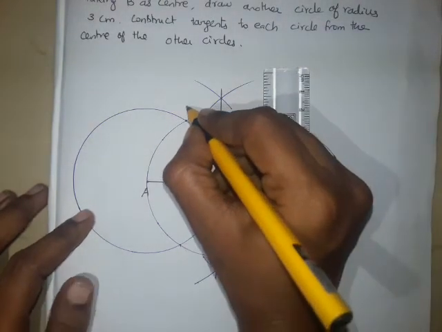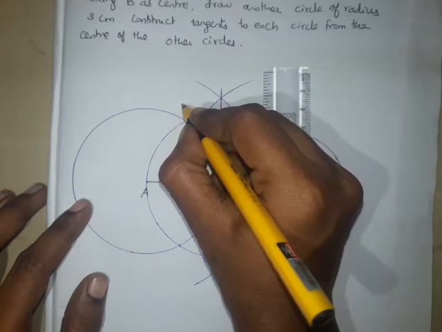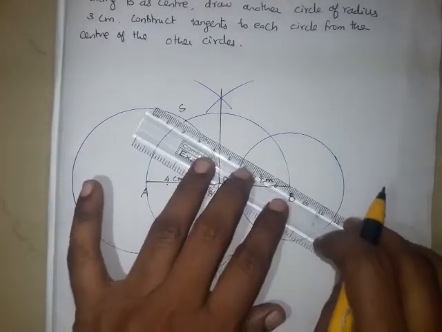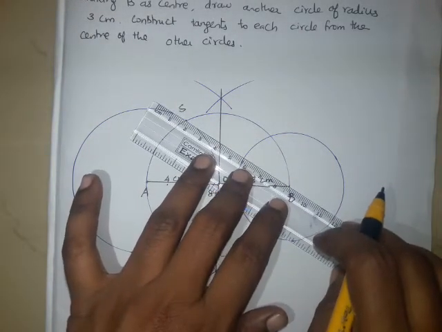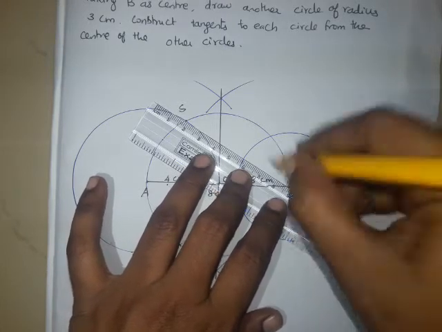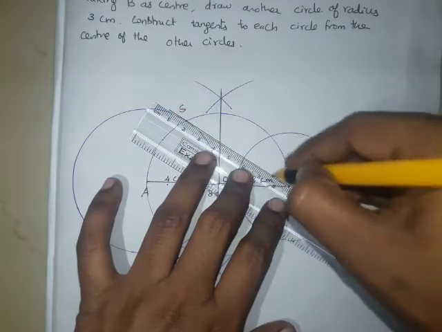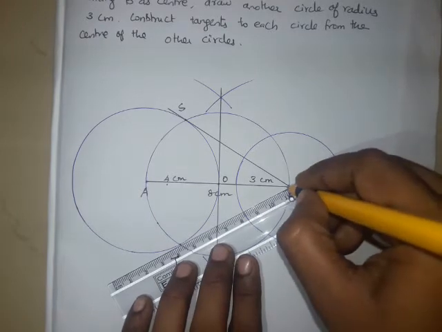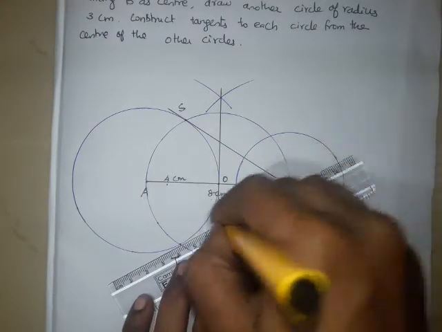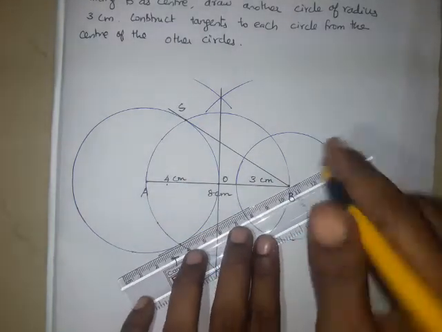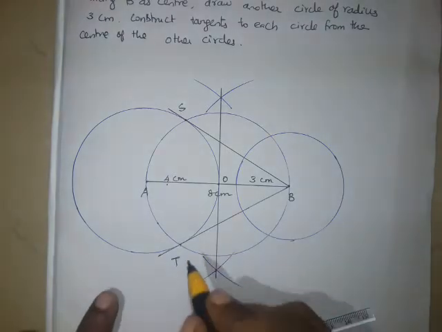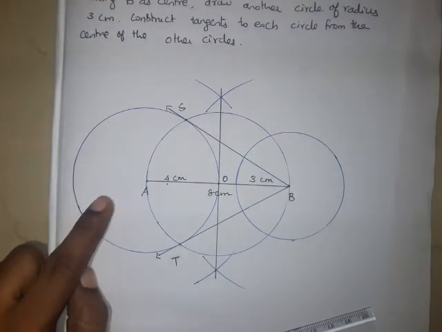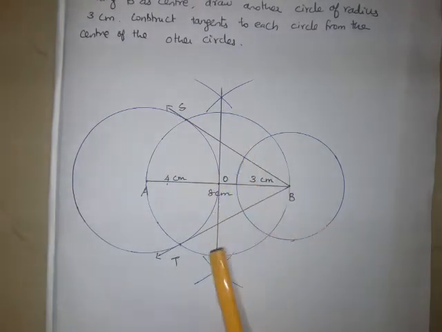Okay, you can consider these as S and T. Join the points B and S. Now these 2 lines are the tangents of the circle A, 4 centimeter circle. Okay, these 2 tangents have the same length.